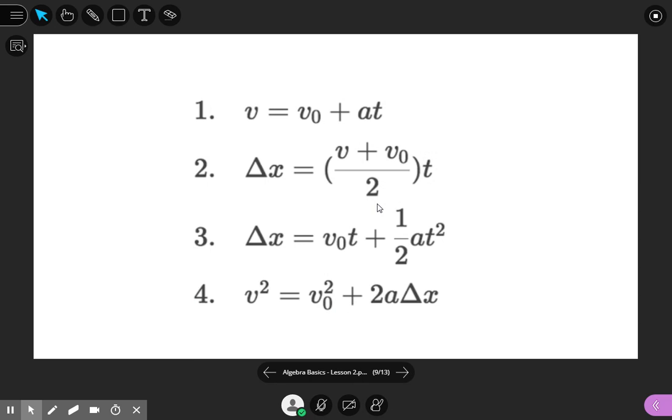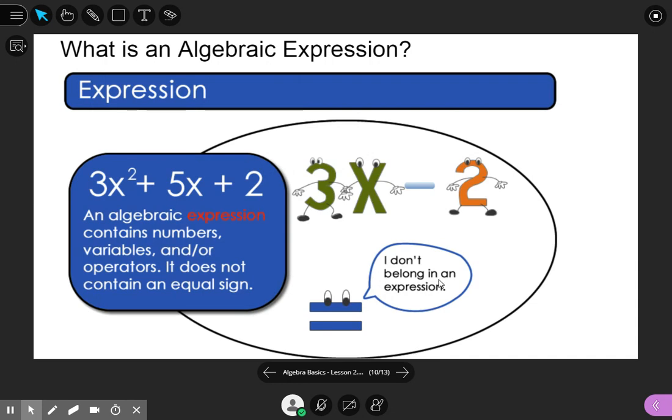Okay, check out, those are those same equations. These are called kinematics equations. They look pretty complex, but once you start getting used to them, they're not too bad. I highly recommend taking a physics class here at Coeur d'Alene High School. We have some awesome teachers in the science department that teach physics and chemistry, and those are fun courses to take where we apply some of the stuff that we're doing in this class.